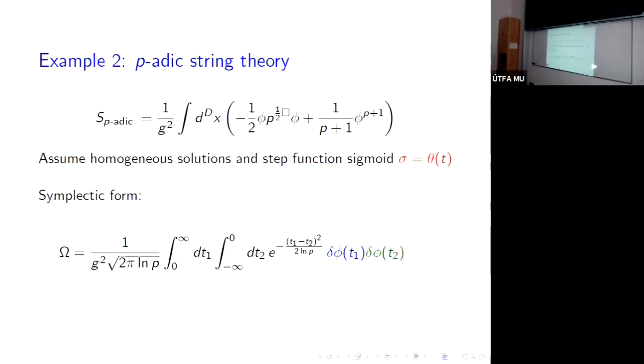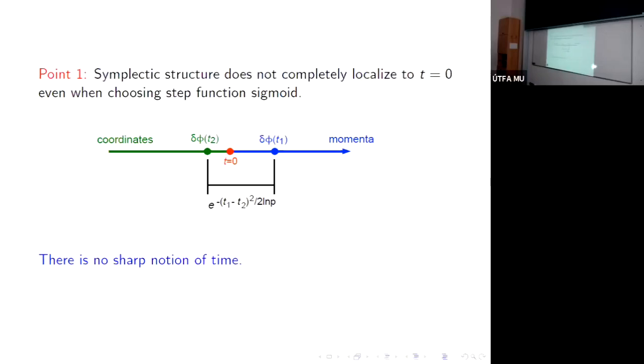So what can we say about this formula? Okay, so the symplectic structure, just as in the case of the p-adic model, doesn't localize to t equals 0, even if we choose this sharp step function. So in this case, because the theory is non-local, we're not able to actually create a sharp time slice for the symplectic structure.